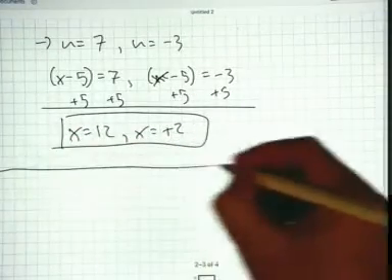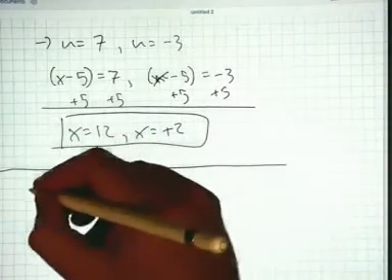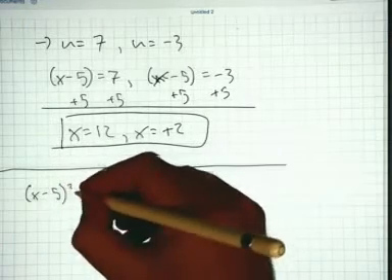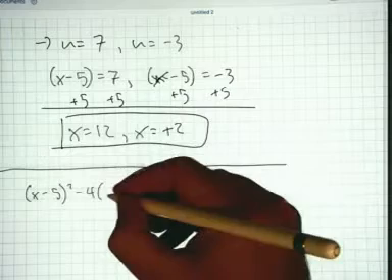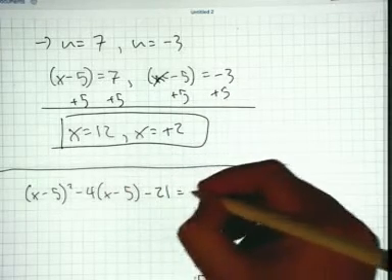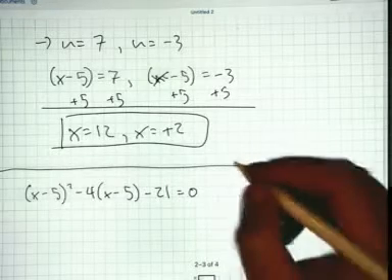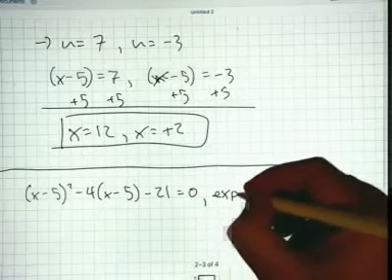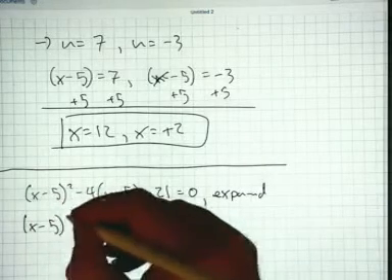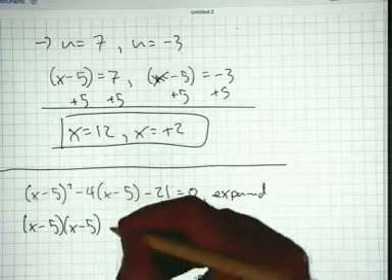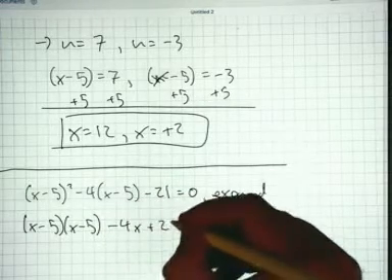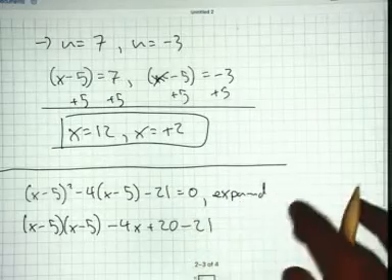Another way to tackle the exact same problem. If you wanted to, you could expand it. So you have x minus 5 times itself. Distribute the negative 4, so that's minus 4x plus 20 minus 21.